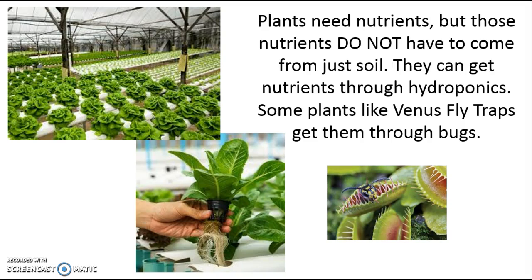But that's not always feasible in some areas, and so some newer technology allowed hydroponics. What makes hydroponics special, which, hydro means water, is the water is mixed in with nutrients, and it's given to the plants on a regular basis. This allows the plant to grow without soil.